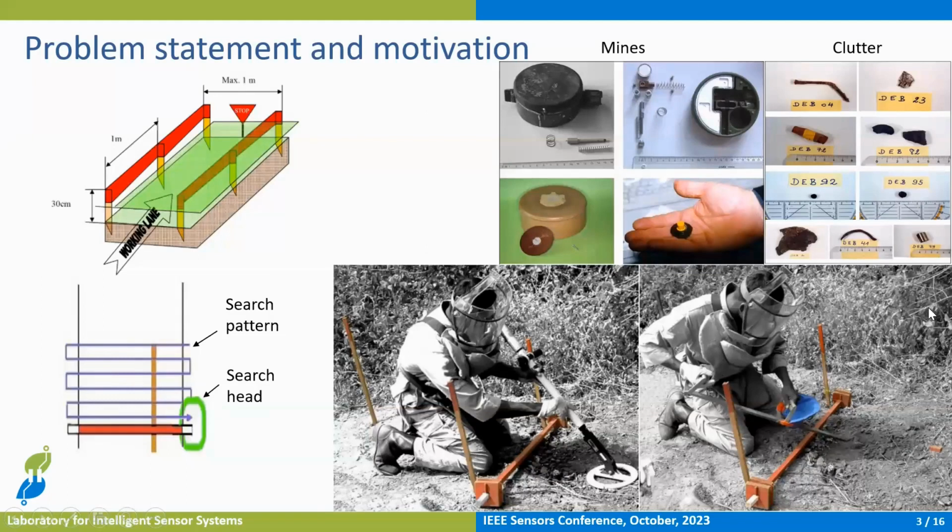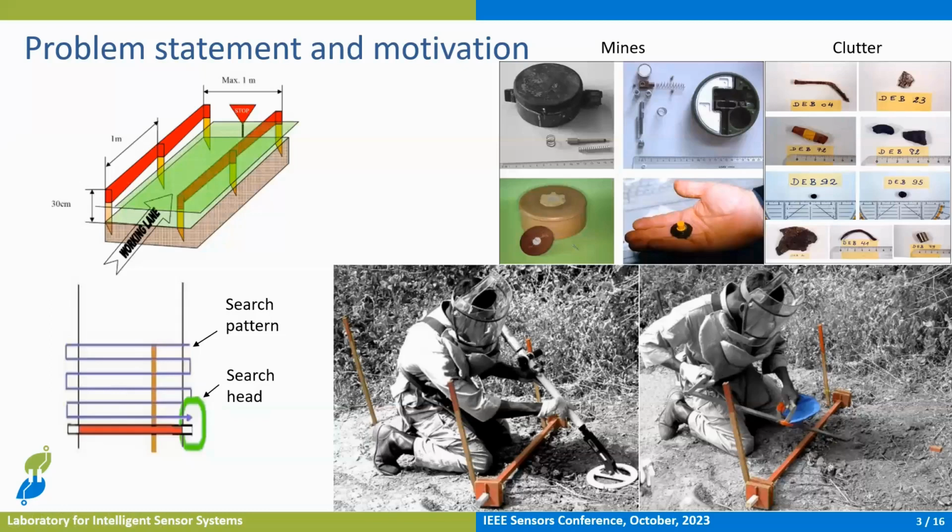Here's an example of the mining procedure. The procedure starts with separation of the mine contaminated area into lanes, typically 1 meter wide, and then the miner cuts the vegetation, proceeding with the search pattern through the lane.